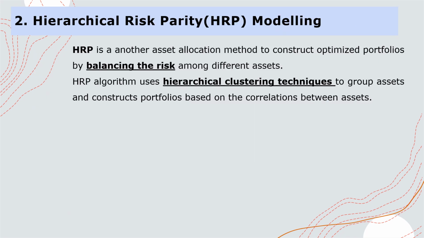Another widely used asset allocation method is hierarchical risk parity. It aims to group assets based on their similarities and achieve a well-balanced risk allocation within the portfolio to ultimately reduce overall risk.